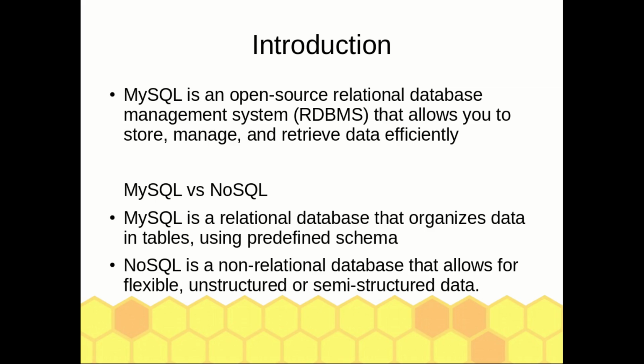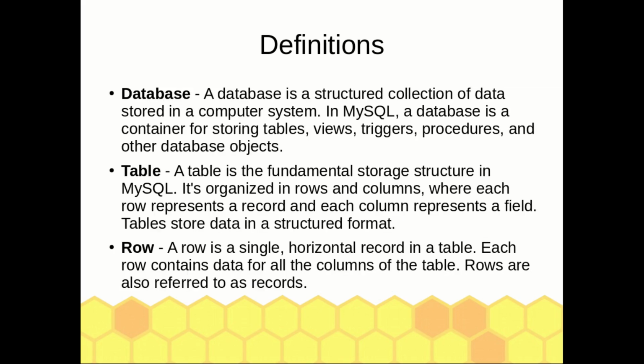All right. So the next thing is looking at definition of terms. These are the key terms that we are going to be interacting with. The very first one, we talk about a database, which is a structured collection of data stored in a computer system. That's simply the definition of a database. And we see that in MySQL, a database is a container for storing tables, views, triggers, procedures, and other database objects.